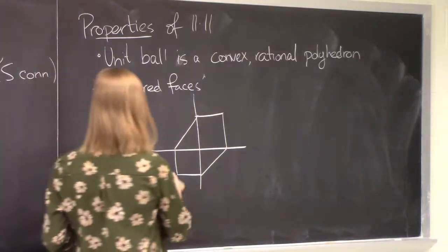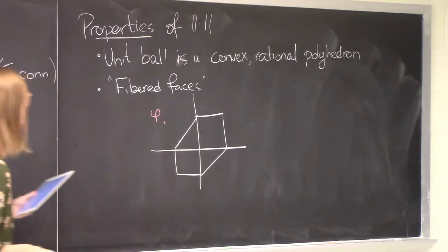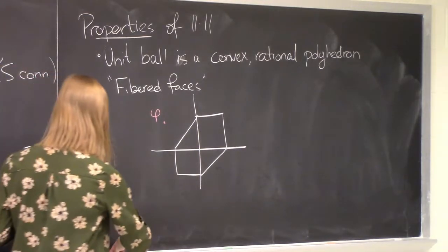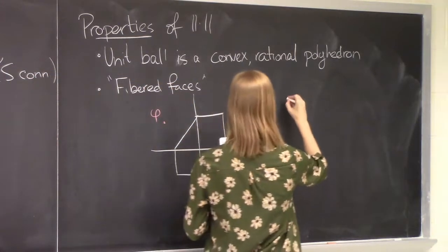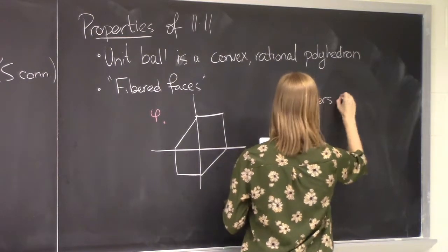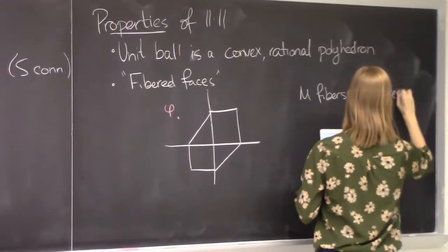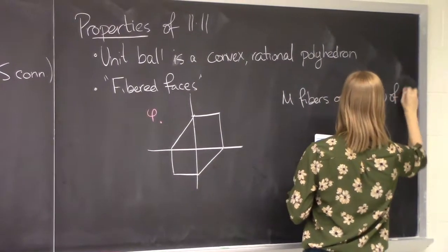Say we have a homology class phi, which we know is fibered in the sense that M fibers over a representative of phi.